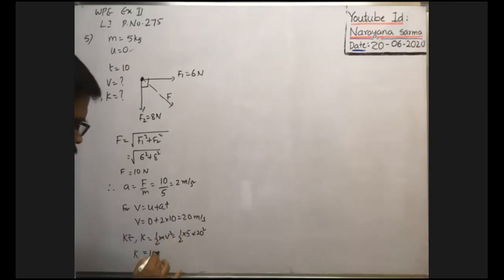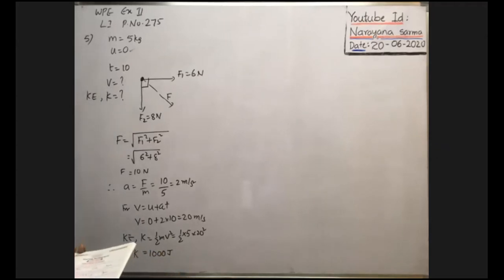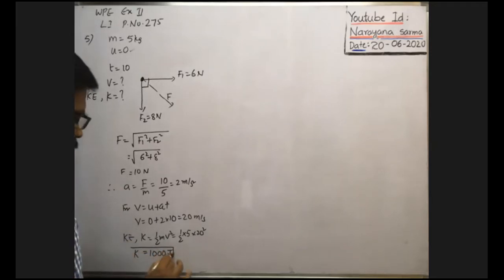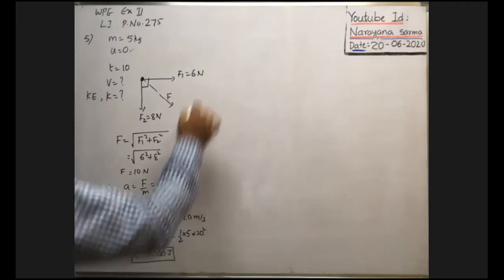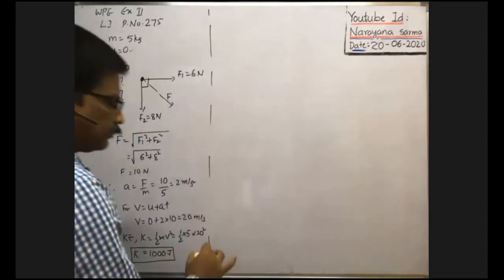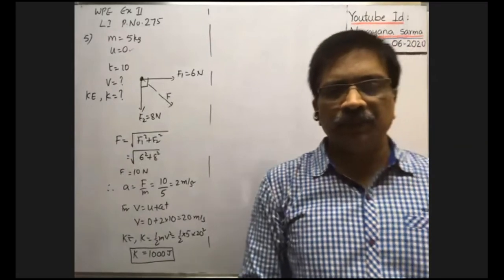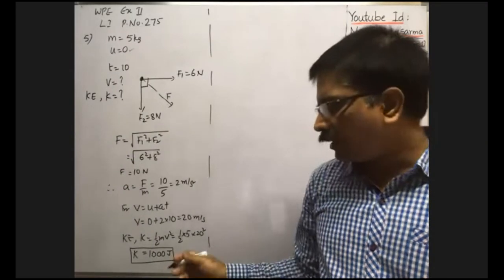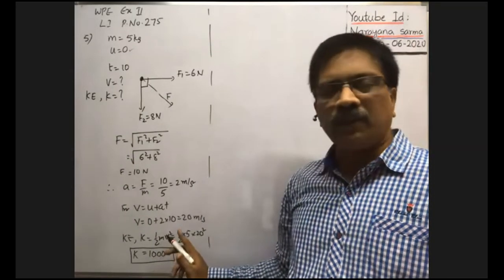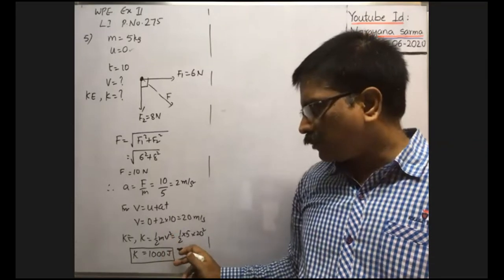So 1000 joule, or 1 kilojoule. Here 1000 joule is given. This is the answer. In this way you can find. All of you see 1000 joule, or we can write 1 kilojoule also, because 1000 means 1 kilo.